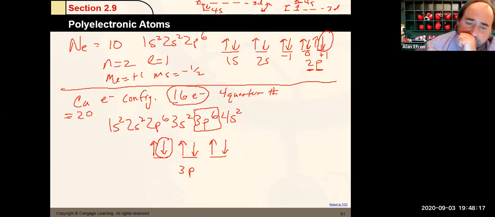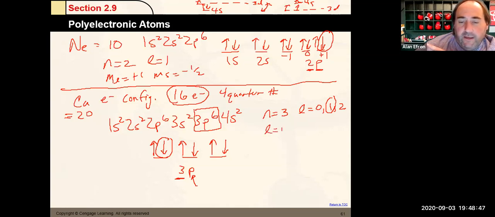And this is going to help us determine some things. This should help us determine our n value for that electron. Our n is going to equal 3. And since n can equal 3, L could have values of 0, 1, and 2. And in this particular case, the correct answer for L is 1. That is correct because that is in a p orbital, so it should be only 1.